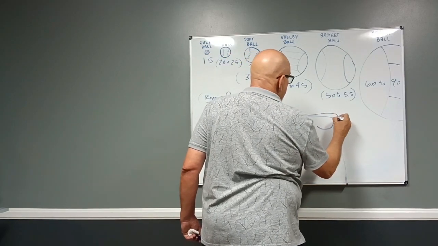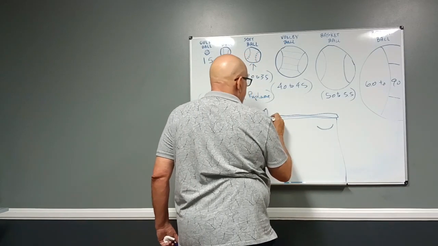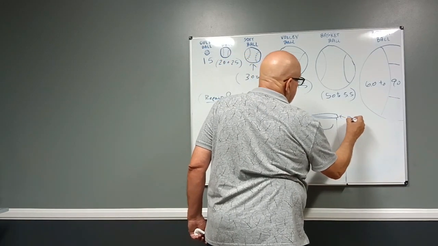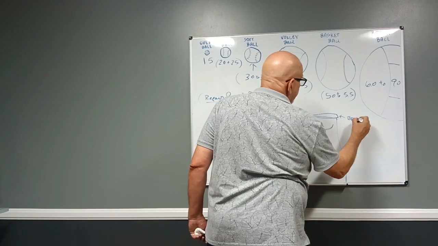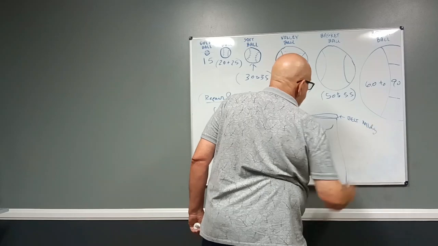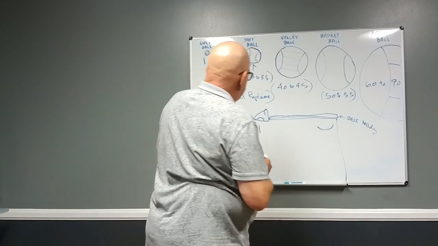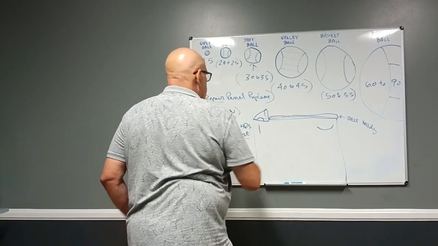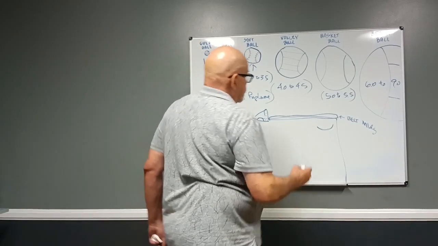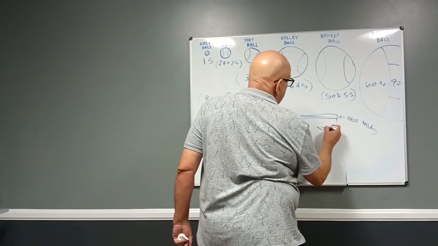This molding here on the top of the door, on the outside, is called the belt molding. I think we already have that. Okay. Now, obviously this is a door handle.